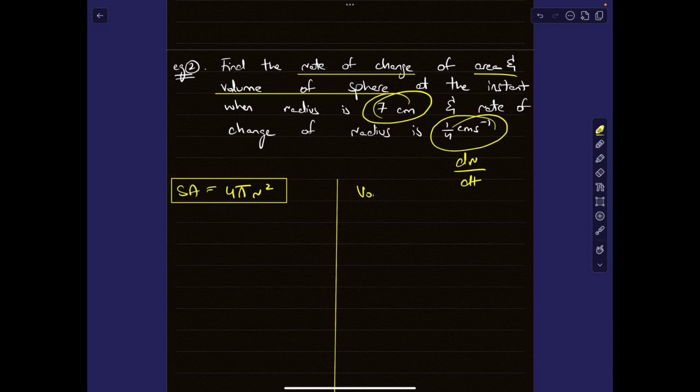And then in the second column, we'll use that for volume of sphere, which is given by 4/3 pi r cubed.